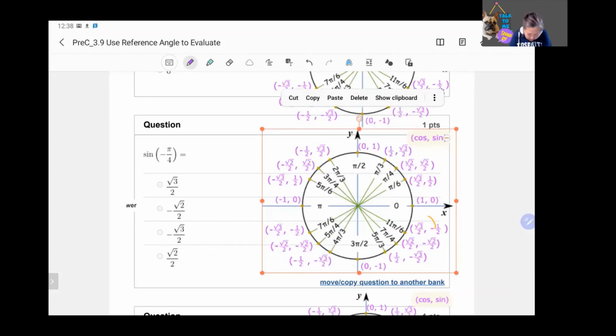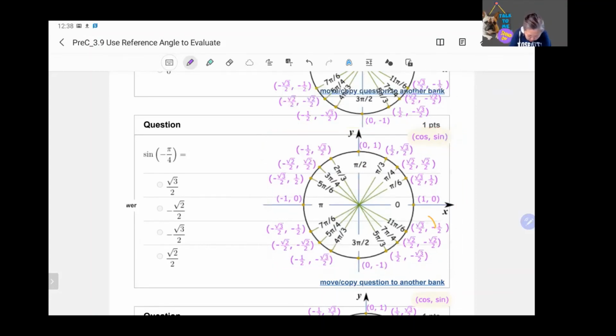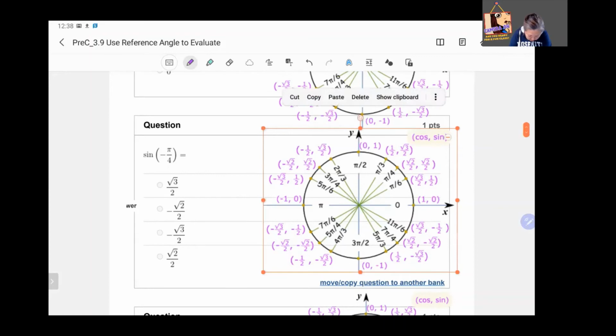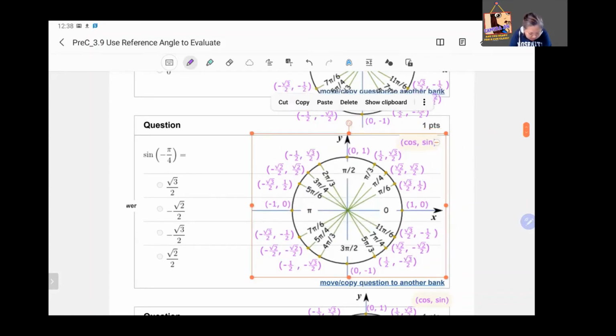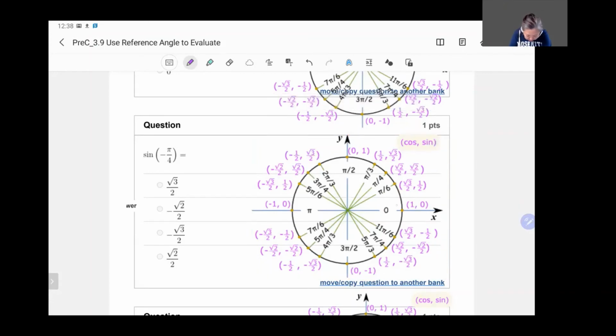First, we have to find the position of negative pi over 4, right? So for a negative angle from the standard position 0, I have to count the angle clockwise. How far? 1 piece of pi over 4.